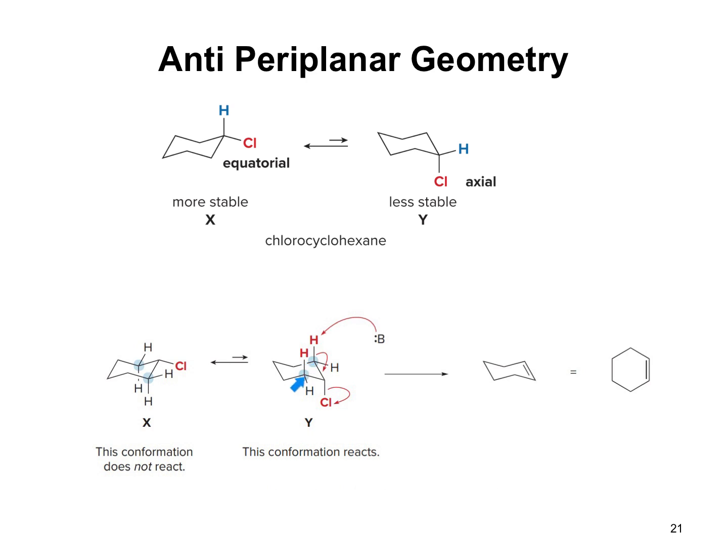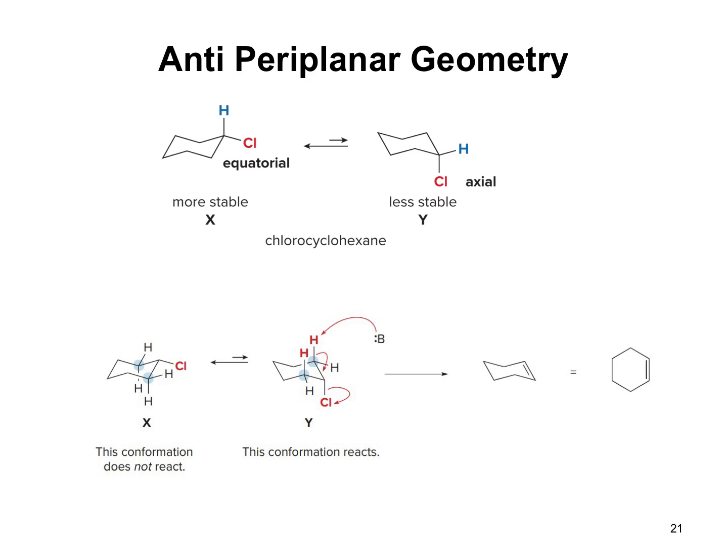And then this other beta carbon, if it's going to be removed, also needs to be anti-periplanar. Now, this only occurs when the hydrogen here and the chlorine here are both in the axial position. So this is the conformation that reacts in an E2 reaction.